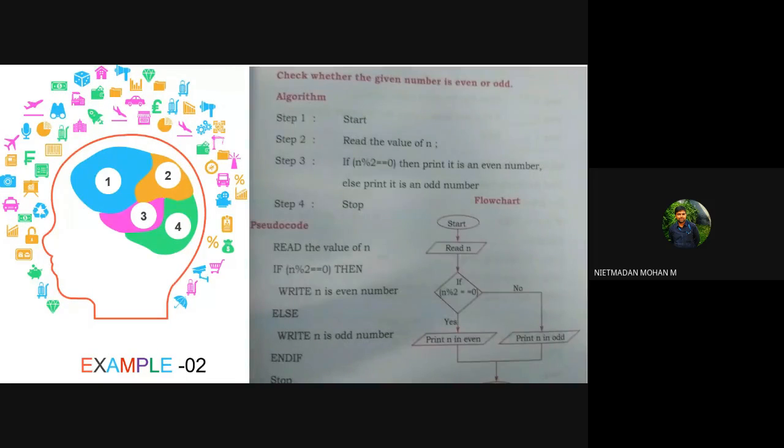Yes, you can see this is the program and algorithm for finding out whether the given number is even or odd, right? Yes, sir. What is the second step? That is read the value of n. So the user wants to give the n value, right?